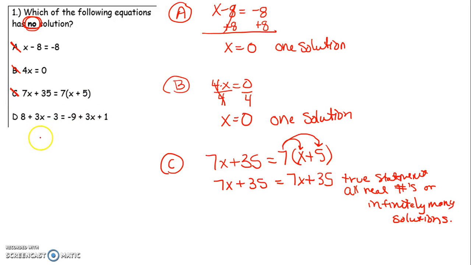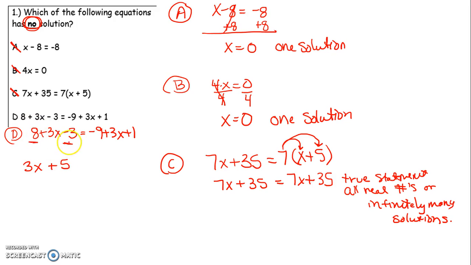All right, letter D must be the correct answer, but your teacher will want to see work as to why. So 8 plus 3x minus 3 is equal to negative 9 plus 3x plus 1. On the left-hand side, let's combine like terms. 8 minus 3 is 5. So on this side, we would then have 3x plus 5.